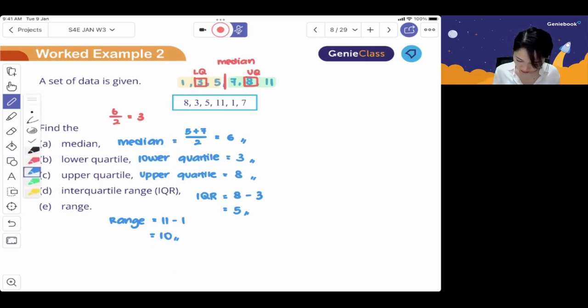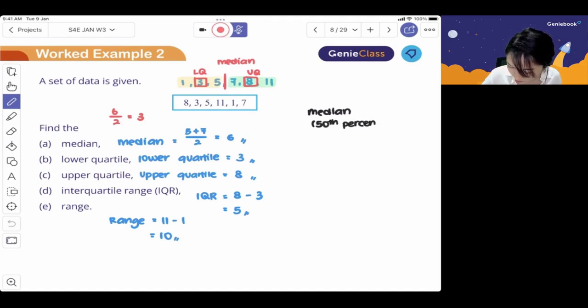Okay, so let's say I just do median. Maybe I'll do it in black since I use red for explanation. So median will be the 50th percentile, right? So I will take 50 over 100 times 6 because I have 6 pieces of data.